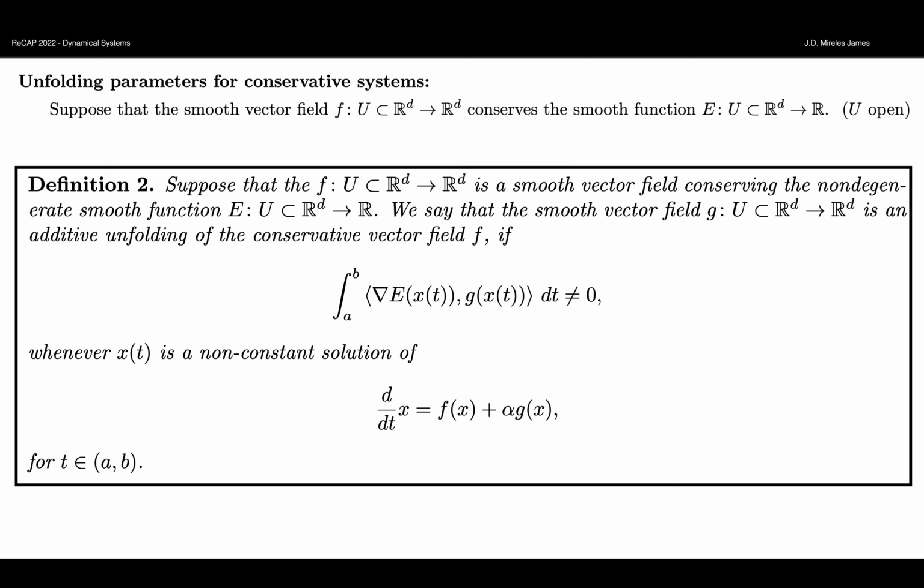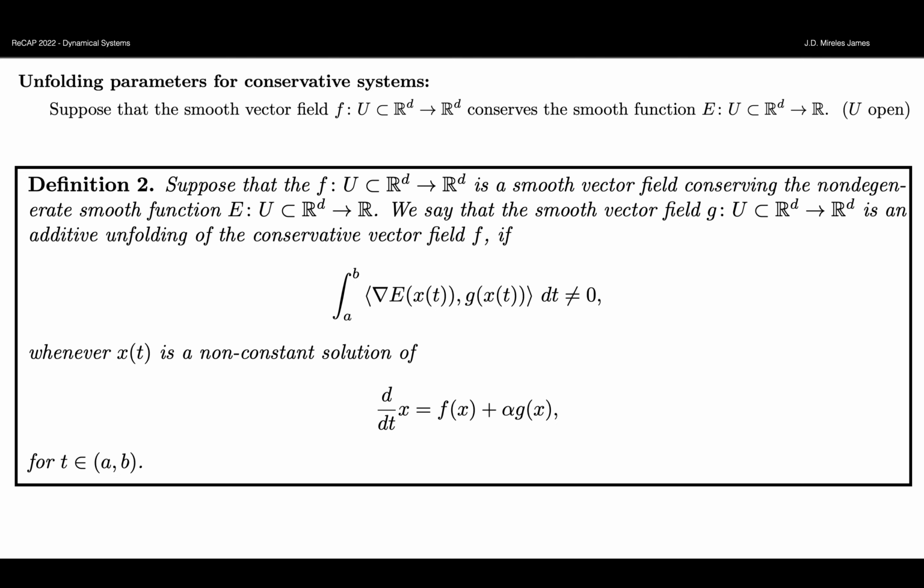So this dot product of gradient E and G would be 0 only if G was in the tangent space of your level set. What you're asking for from this G is that it's always pushing you out of the tangent space. Maybe it's in the tangent space at some point, but not along an open set along an orbit, so that this integral could ever be 0 on a non-constant solution. This is my definition of an additive unfolding.